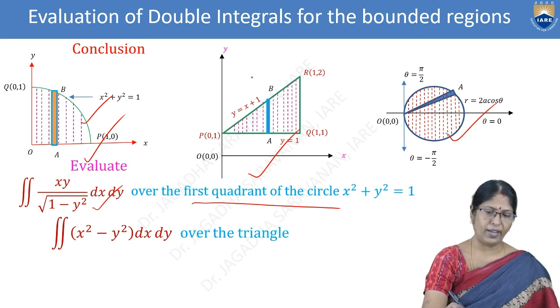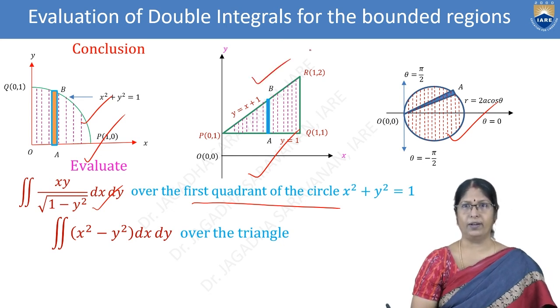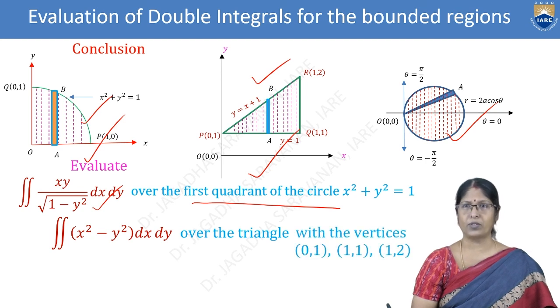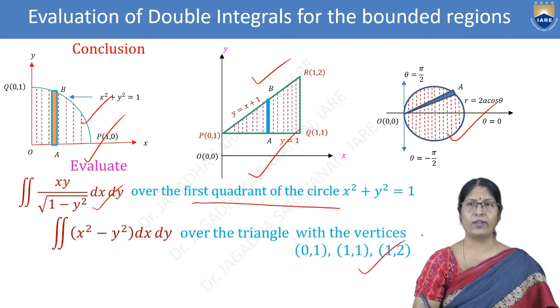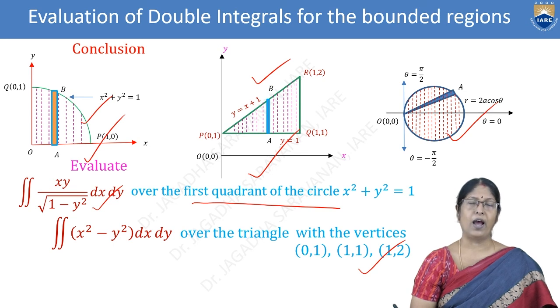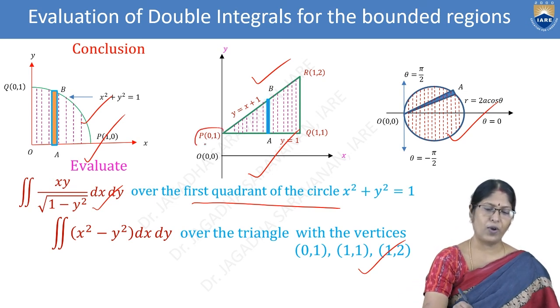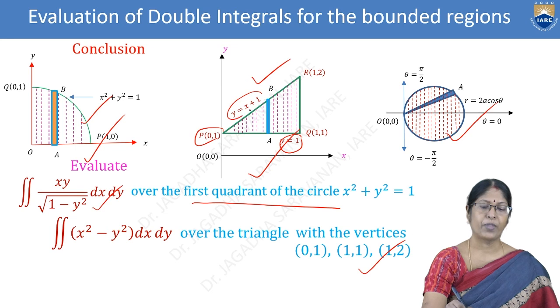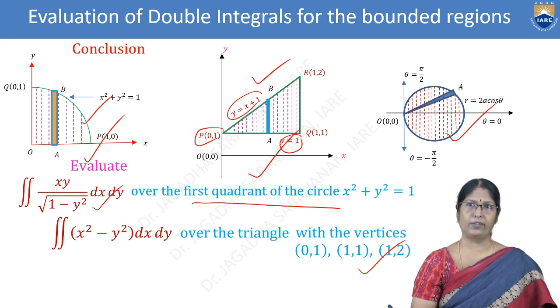And the second picture we drew was over the triangle, where the 3 vertices are given, and joining the points the triangle is formed. We used the equation of lines passing through 2 points, and evaluated.